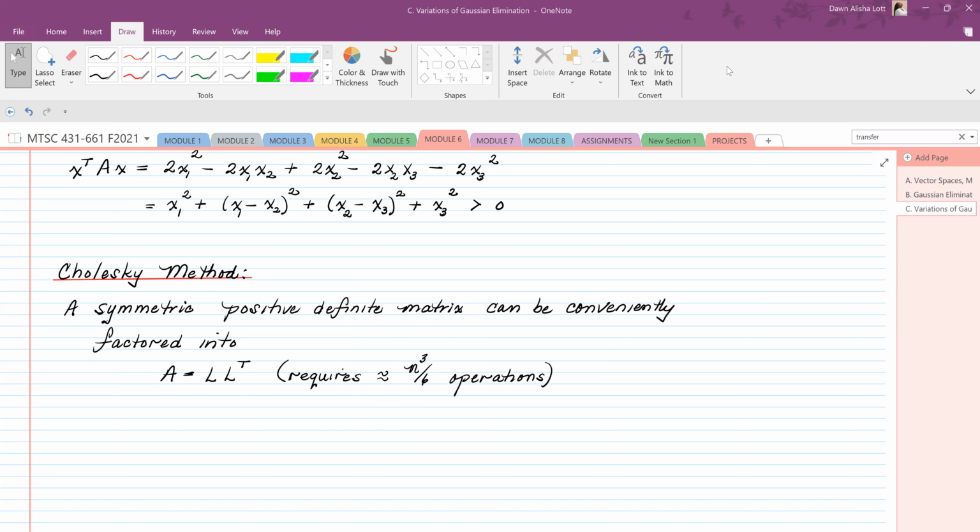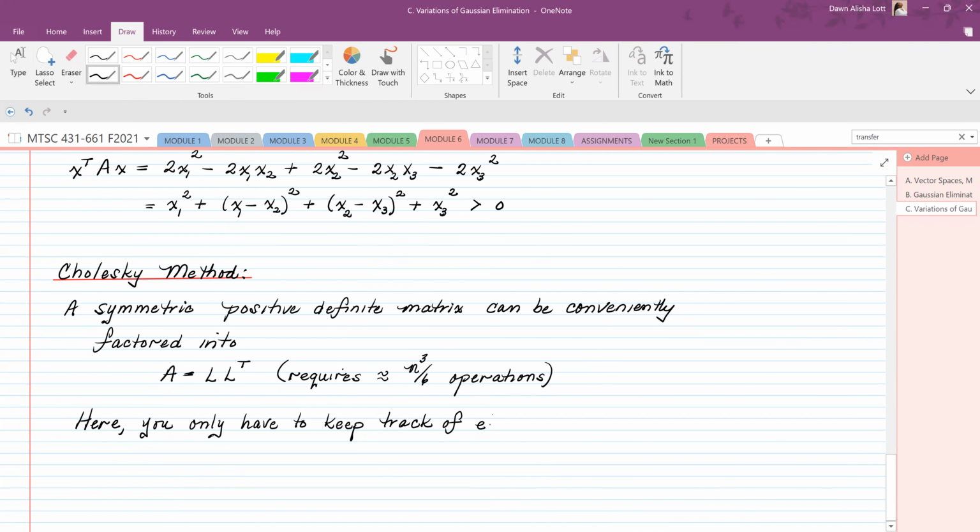Really with this, you only need to keep track of the elements below the diagonal.